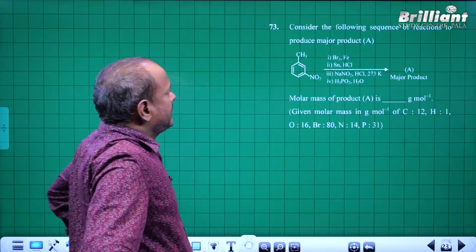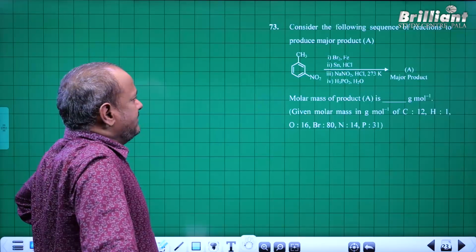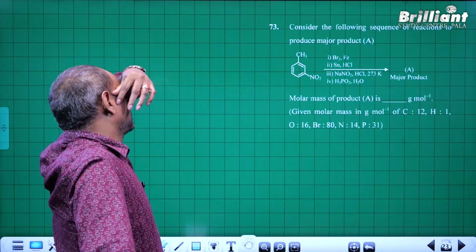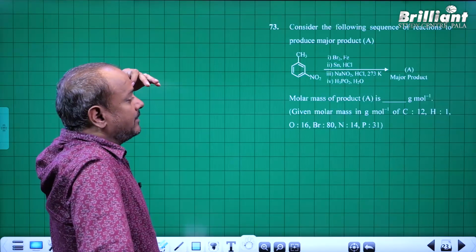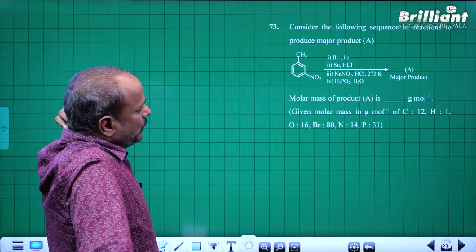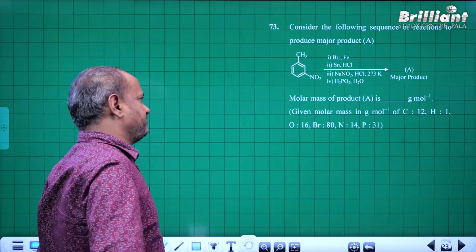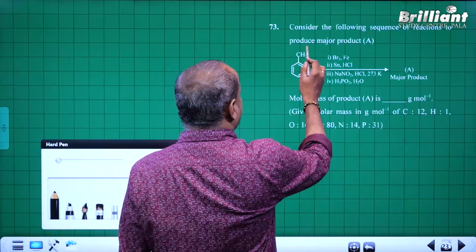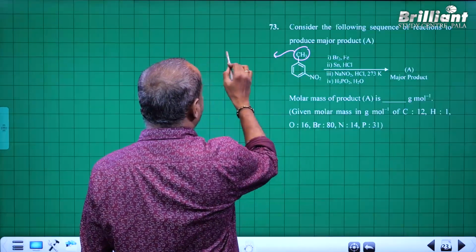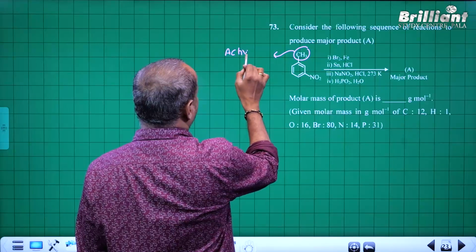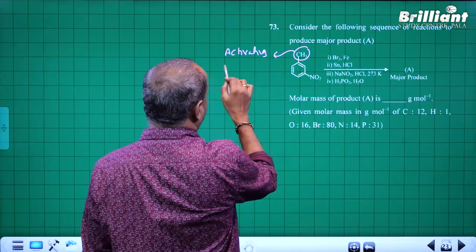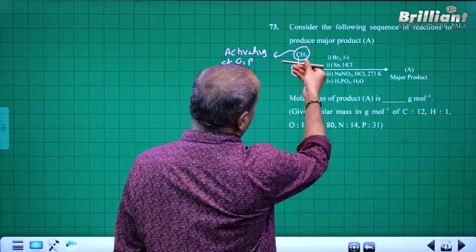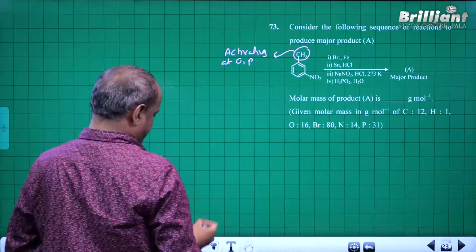Next, the sequence of steps is given. Methyl and nitro, that is called metanitrotoluene. Metanitrotoluene on bromination. This is with respect to the methyl group. Methyl is activating at ortho and para.